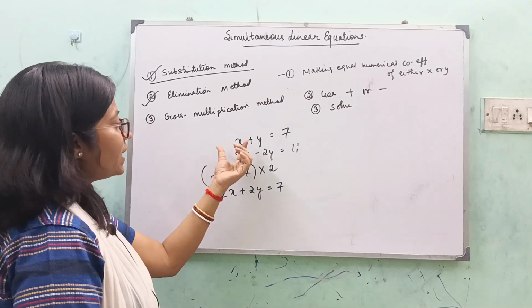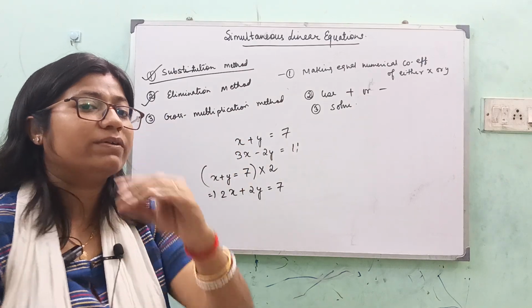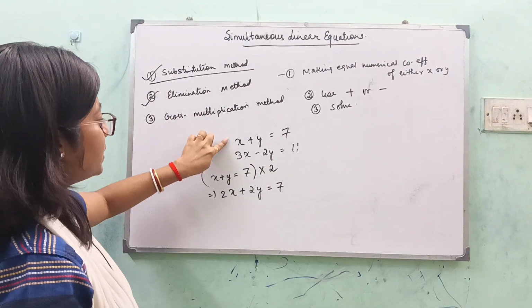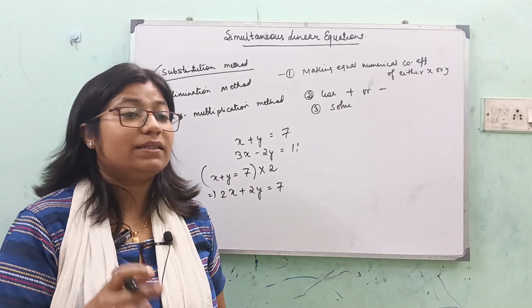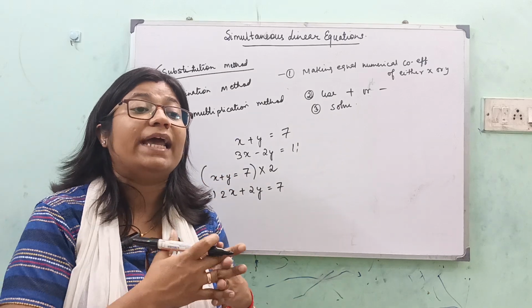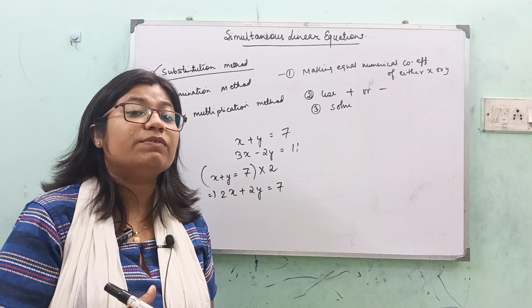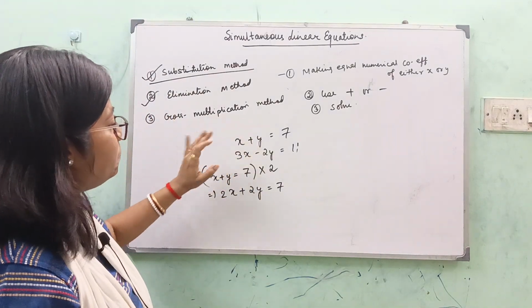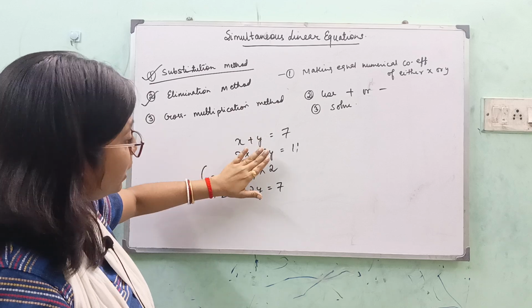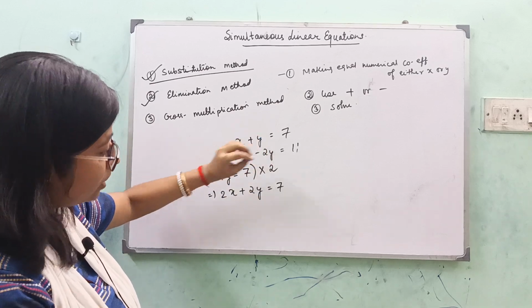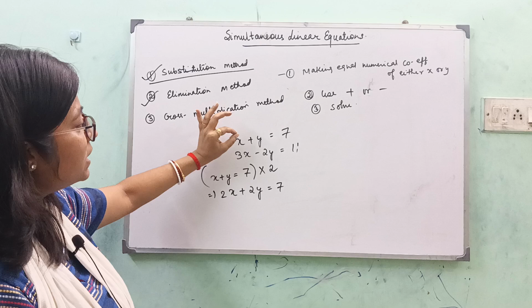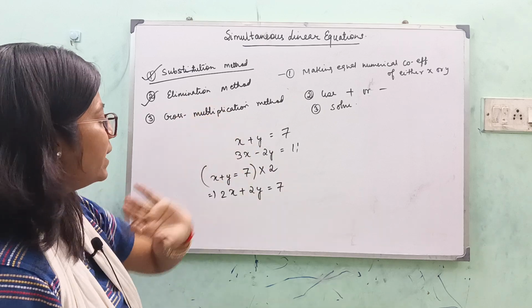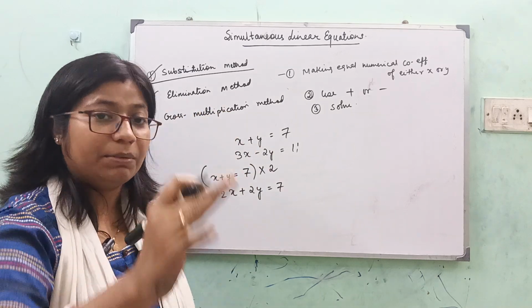But in that case, I wouldn't have added the equations, I would have subtracted them. Why? Because plus 3x and plus 3x, if I add, there is no removal or elimination of the x. Elimination will take place only if I subtract the equations. But for the y, if I make the numerical coefficients of the y same, then by addition of the two equations, the y will be removed or eliminated.